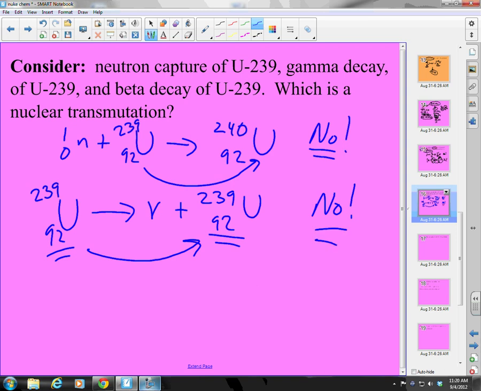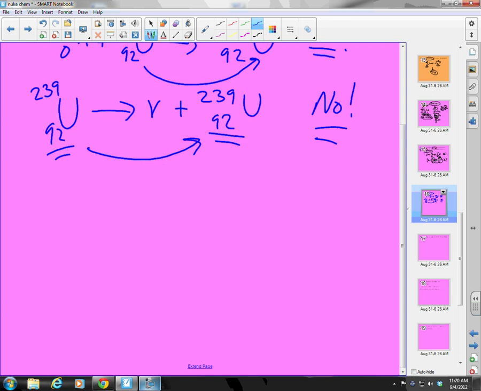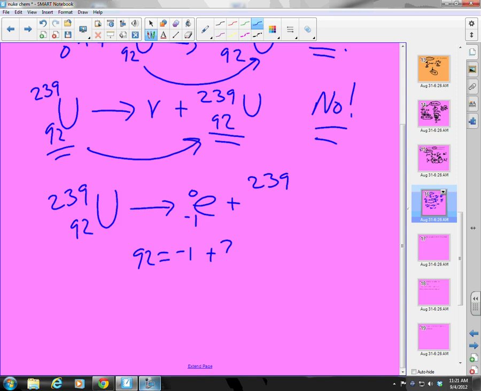And number 3 here, beta decay of uranium-239. I have 239, uranium-92. It's beta decay. That means my beta particle is going to be on the right side. I have 239, right? And what? I have 92 is equal to -1 plus something.